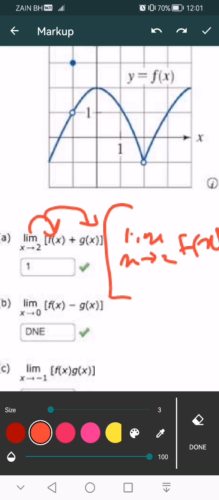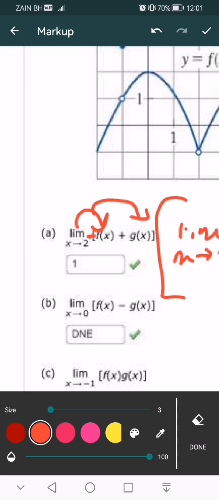What if they say limit as x goes to 2 minus, it is different than x goes to 2 from the right side. If there is a minus, I have to check only from the left side; with a plus, I have to check only the right side.